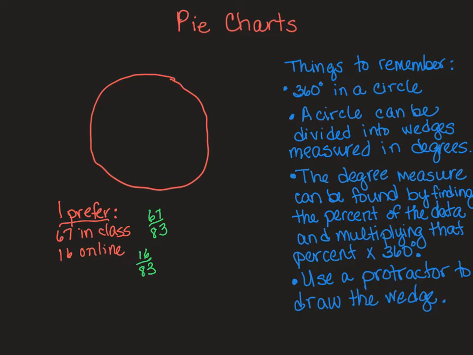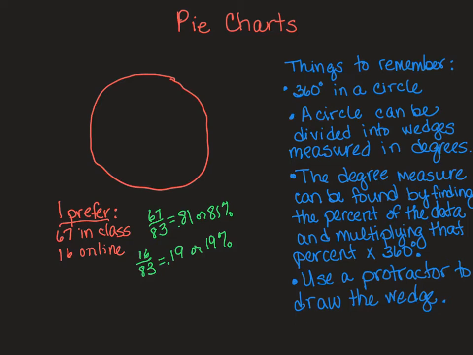If you're doing it on your calculator, you're going to get 0.81 here, or 81%. And for this one, you're going to get 19.19, and of course I'm rounding, or 19%.